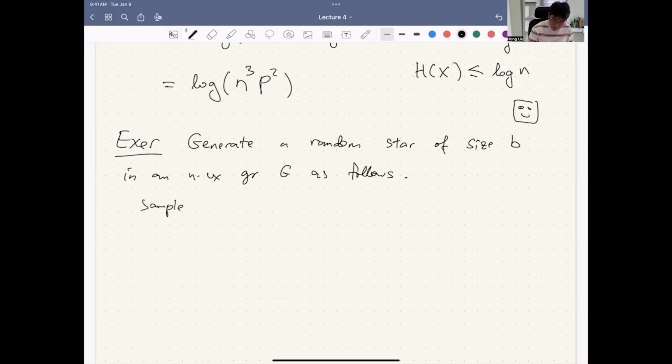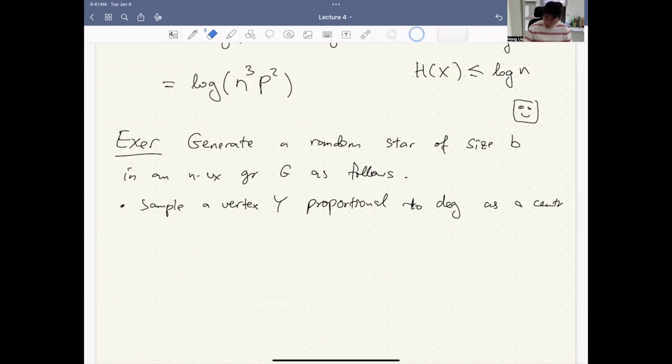First, sample the center vertex y proportional to its degree, and let it be the center.